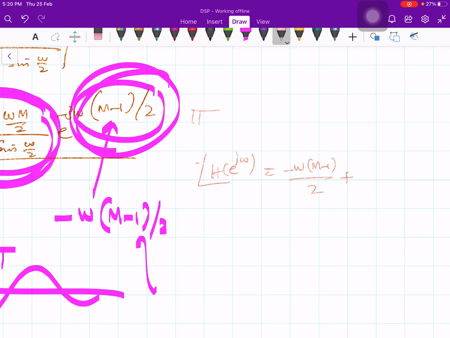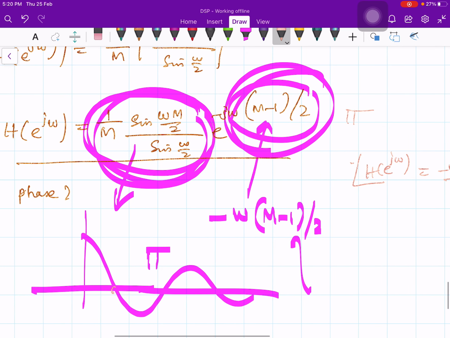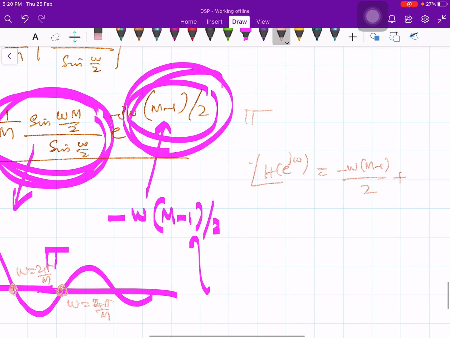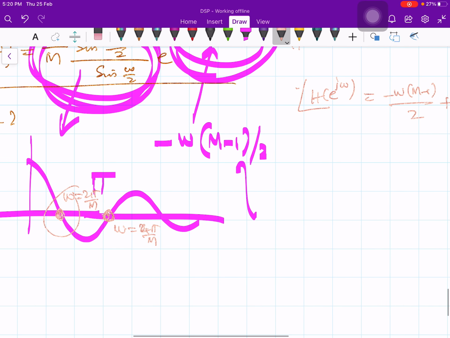Okay, so at what point does the plot cross 0? When omega is equal to 2 pi by capital M, and here omega is equal to 4 pi by capital M. So whenever it crosses 0, there is a phase shift of 180 degrees introduced. Therefore this change will be accounted as follows.